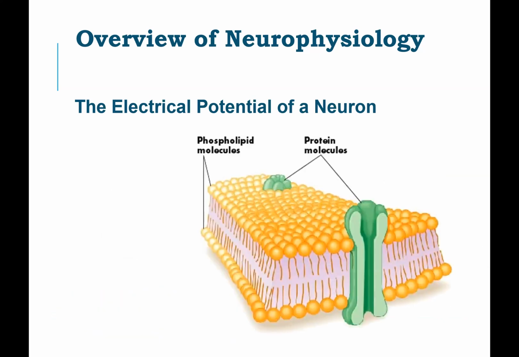Basically it looks something like this: you have these molecules, phospholipid molecules, which are kind of oily molecules. They don't let everything come and go, but they have these gates where ions can move in and out of the cell.